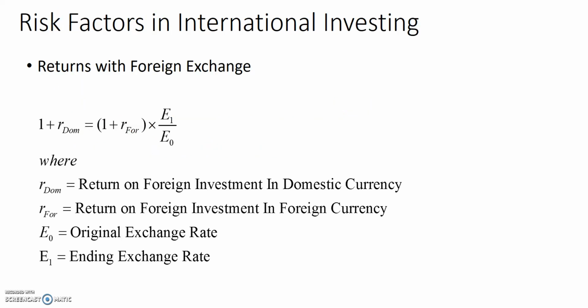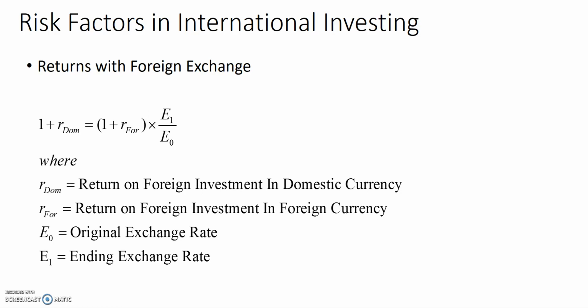One thing to keep in mind is that there are additional risk factors involved once we engage in international investing. Here's a brief formula, which we'll touch on more as we go through the week, to scratch the surface. We have the formula for returns within a foreign exchange, where R sub DOM is the return on the foreign investment in the domestic currency, and R sub 4 is the return on foreign investment in the foreign currency.